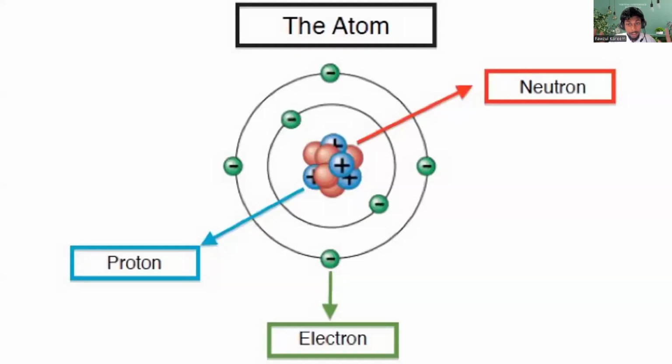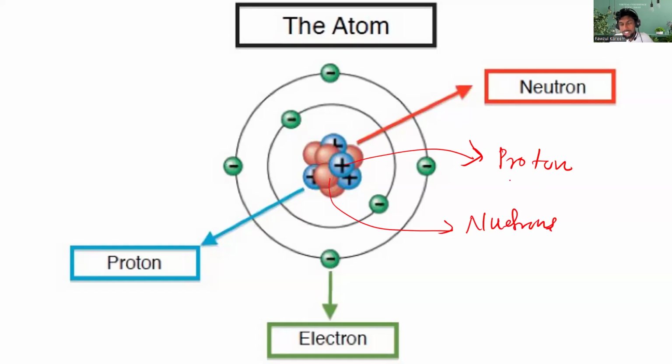Ernest Rutherford is the one who introduced the nuclear model. I will explain the atomic model, so listen very carefully. He said that protons and neutrons, the protons being positively charged and the neutrons shown in red, are placed at the center.